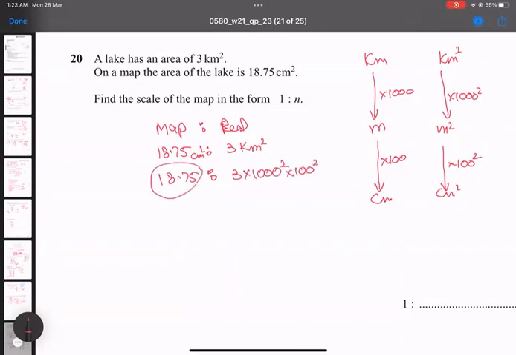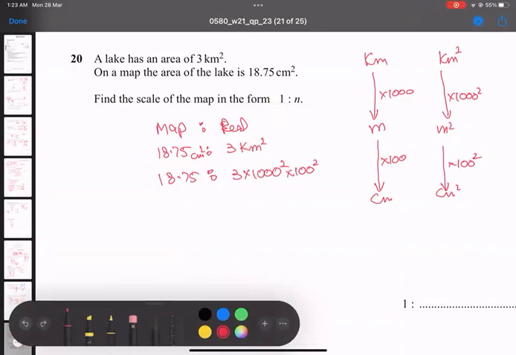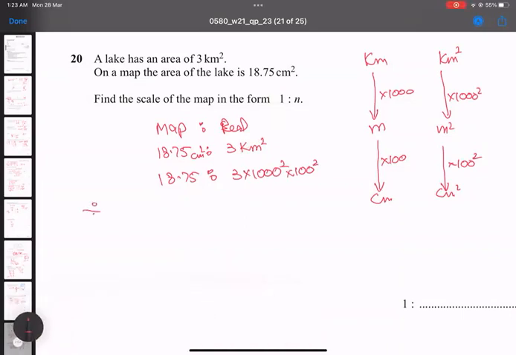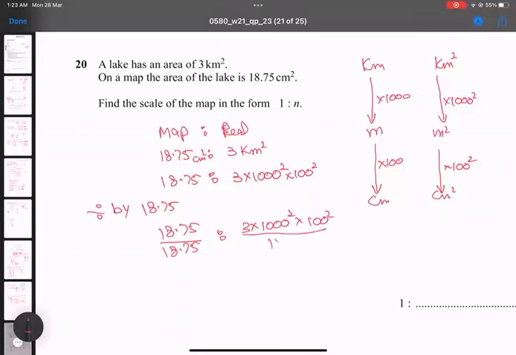But I need 1 here. So what to do? Divide the whole equation by 18.75. When I divide both sides by 18.75, it becomes 1,000 squared and 100 squared divided by 18.75.